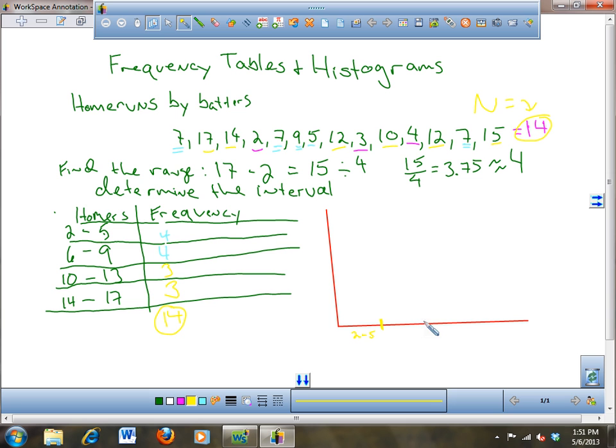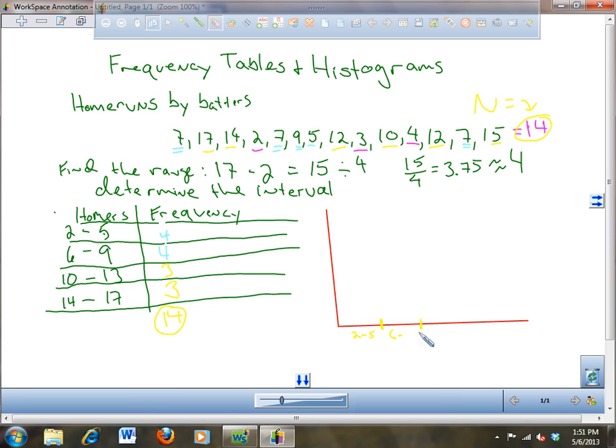The next bar goes from 6 to 9. I wrote 6 to 8, 6 to 9, fantastic. The next one is 10 to 13. And the next bar is between 14 and 17.